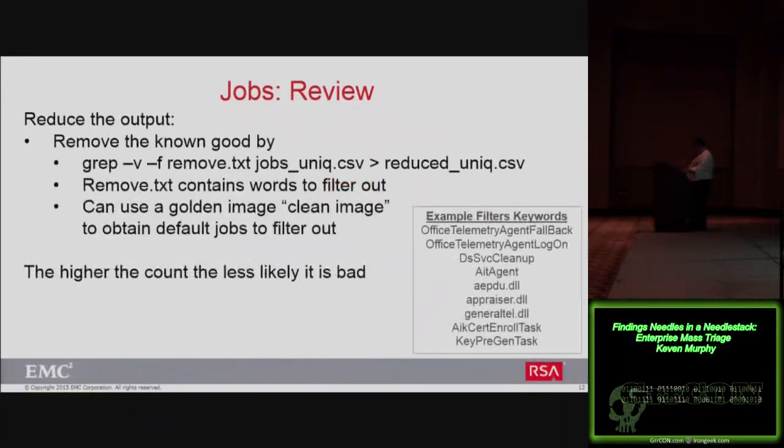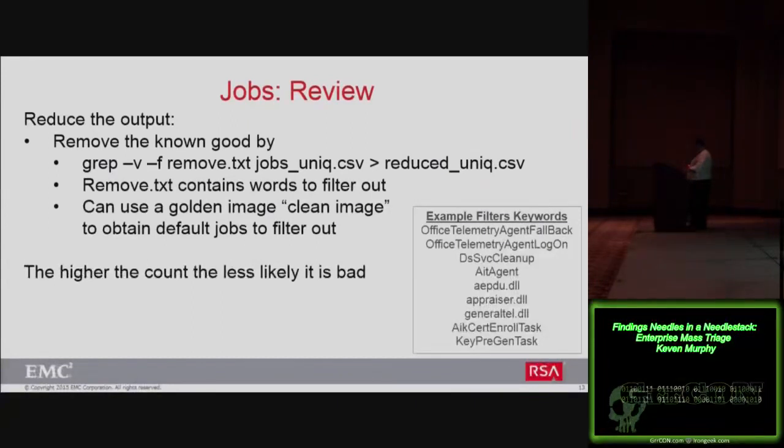Once I've figured out what looks odd, or what I know is whitelisted, I can start using grep to remove the known good to make that list smaller. That's an example of removing the known good to make the list a little easier to review.